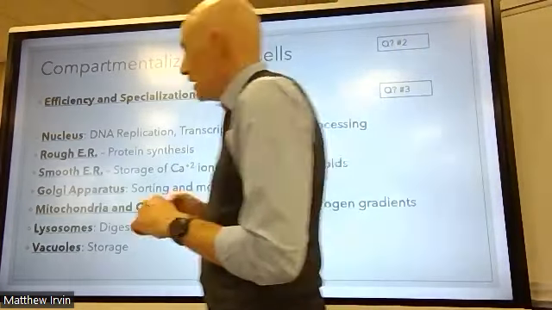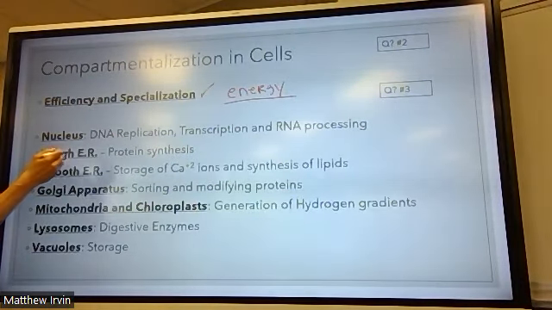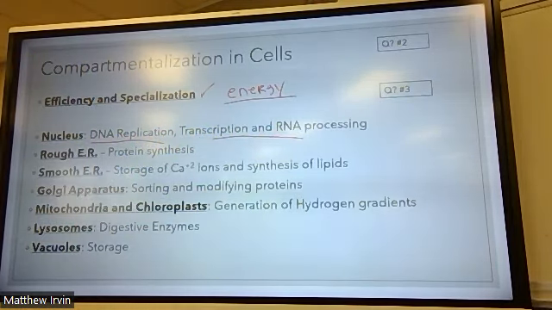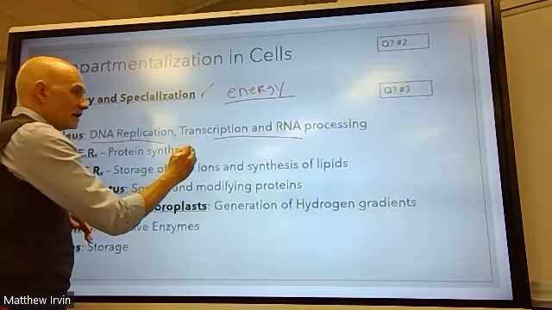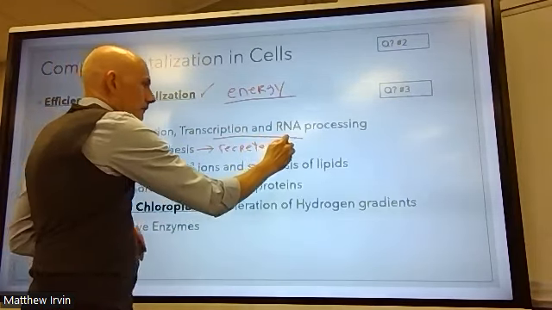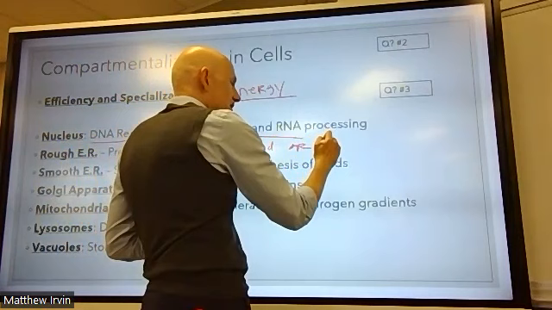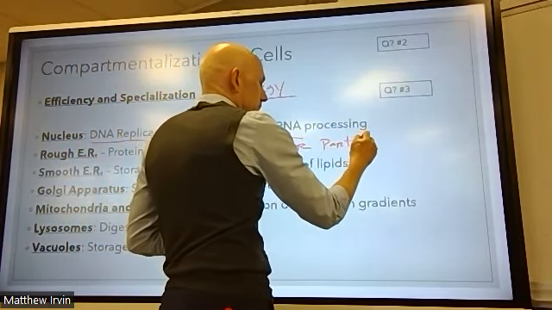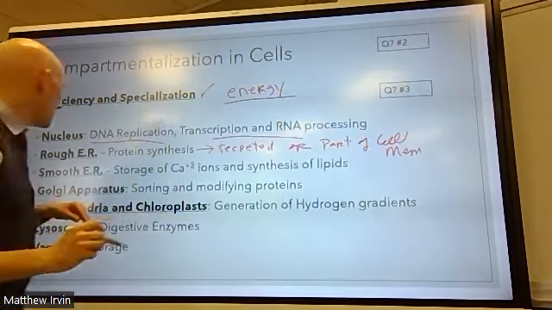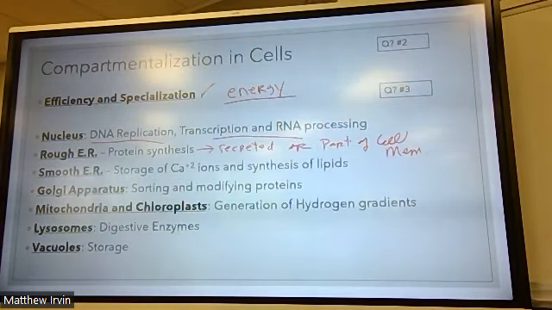Your basic cell parts and what they do: nucleus, DNA replication, transcription, and RNA processing. Rough ER for protein synthesis, for things that are going to be either secreted or part of the cell membrane. Smooth ER, the main thing, storing calcium for nerve transmission.